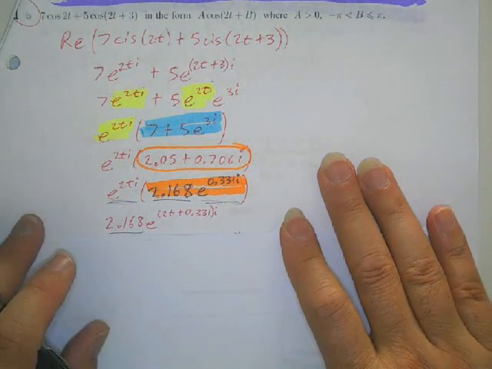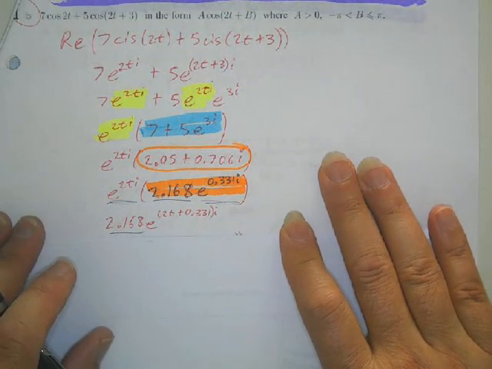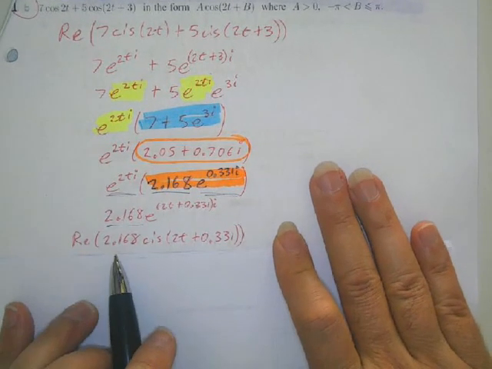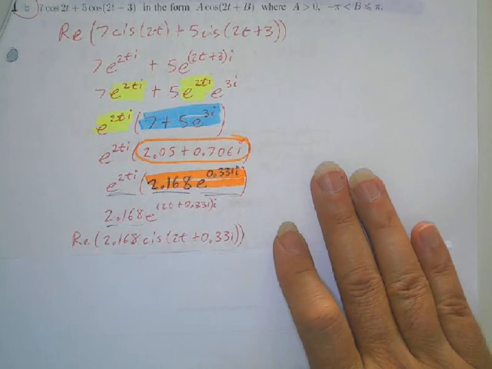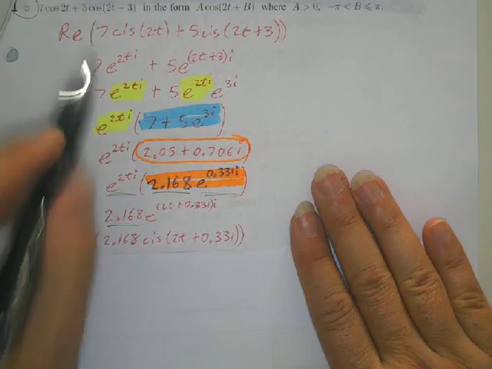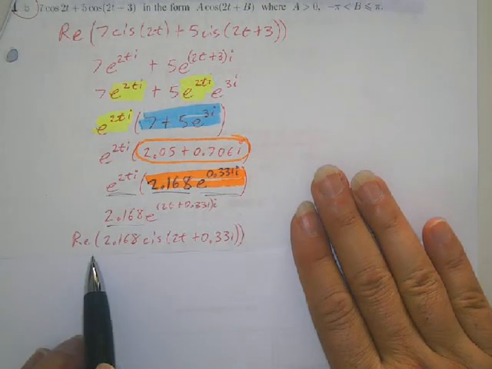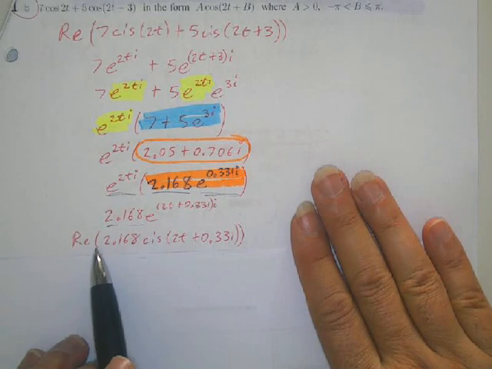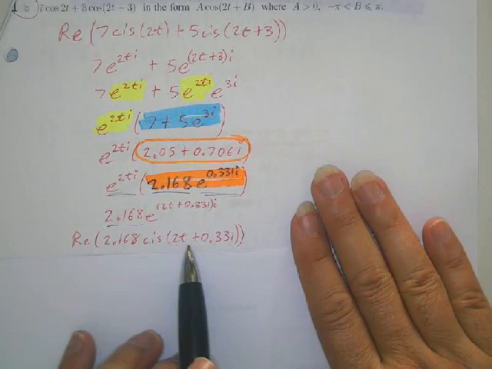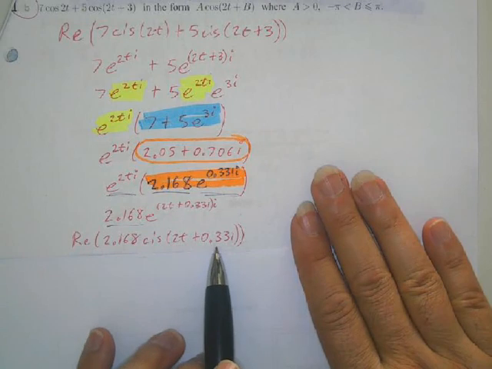And then I'm going to rewrite this, converting it from Euler form to polar form. And once again, this is cosine, so we're doing the real part. So the real part of 2.168 cis 2t plus 0.331.